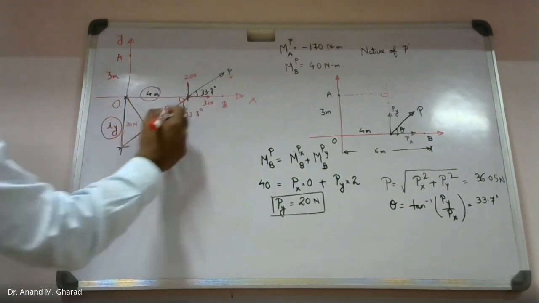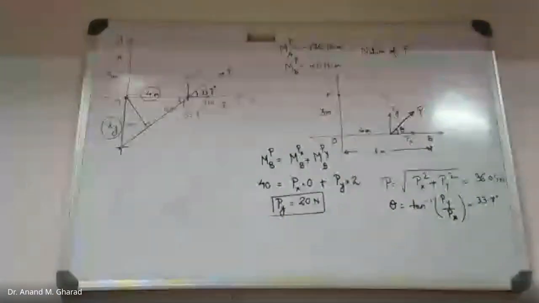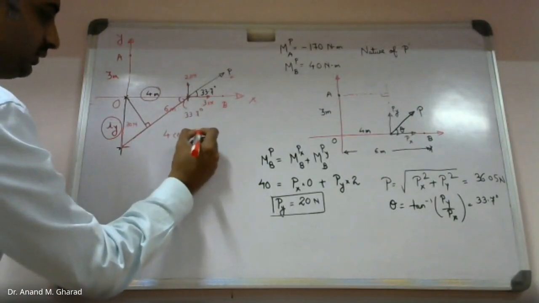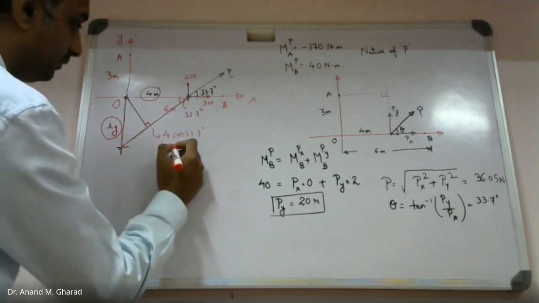Correct? तो ये हाइपोटेन्यूस, ये कितना होगा? 4 cos 33.7 कितना आता है ये? 3.327.